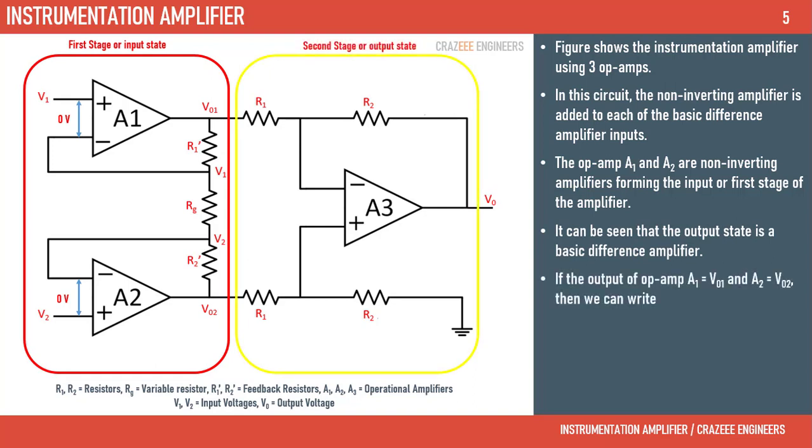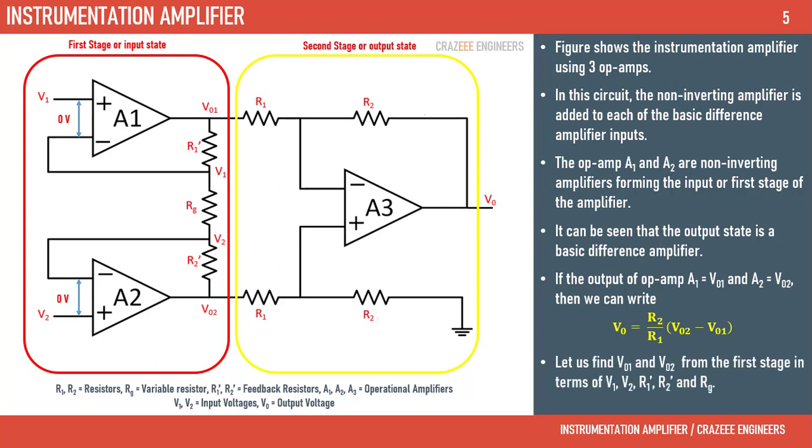If the output of operational amplifier A1 equals V01 and A2 equals V02, then we can write V0 equals R2 divided by R1 into V02 minus V01. Let us find V01 and V02 from the first stage, in terms of V1, V2, R1, R2 and Rg.